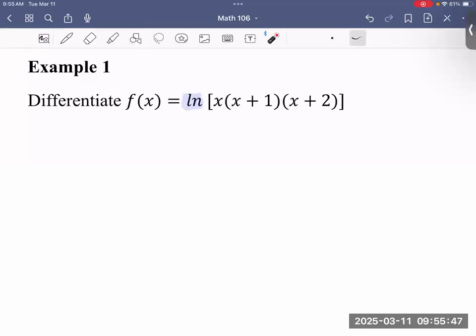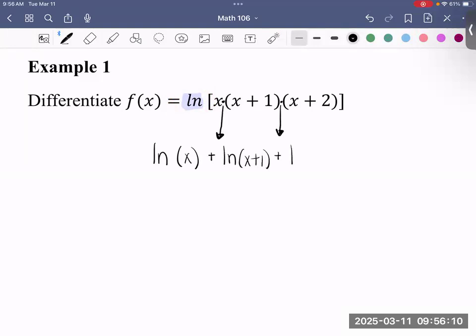So instead, take what we know about the properties of ln. There's multiplication in between these two, and as we saw, that multiplication will turn into addition. So we can add between these two. Break them up into the ln of x plus the ln of x plus 1 plus the ln of x plus 2.